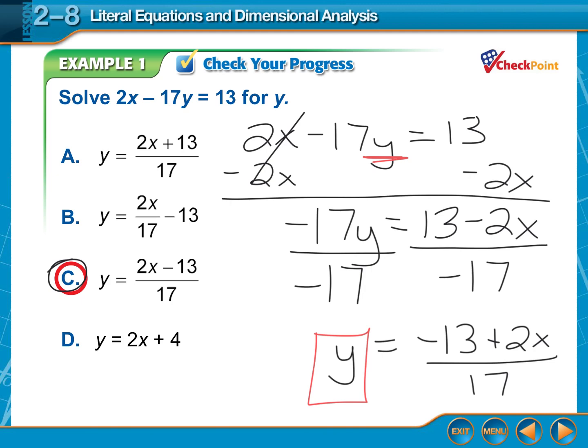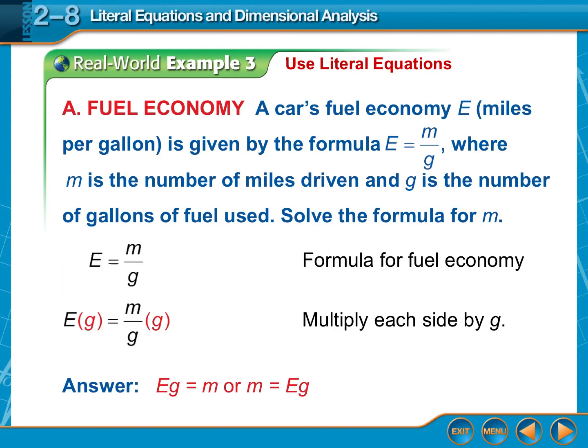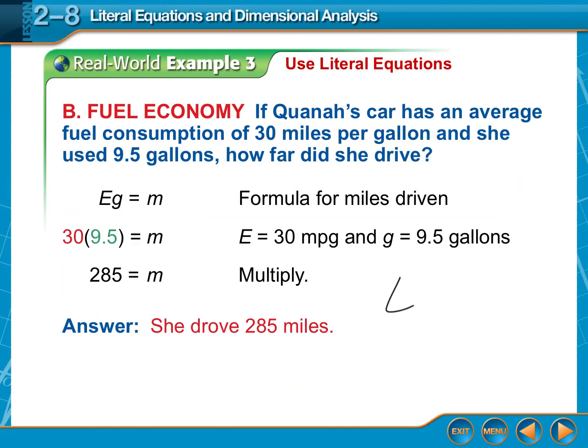Do some more practice. If I had the same equation, E equals m over g, how do I get g by itself? What do we normally do when we have a fraction? We're still going to multiply by the denominator, okay?